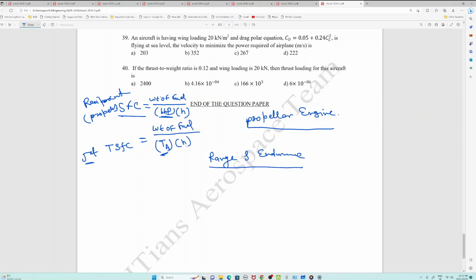So I can say the range will be maximum when the weight of fuel consumed per unit distance should be minimum. If the weight of fuel consumed per unit distance is minimum, then obviously the aircraft will travel more distance.